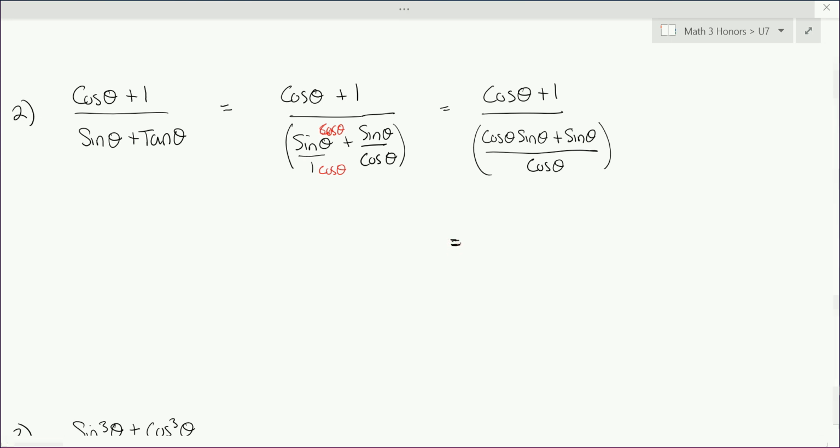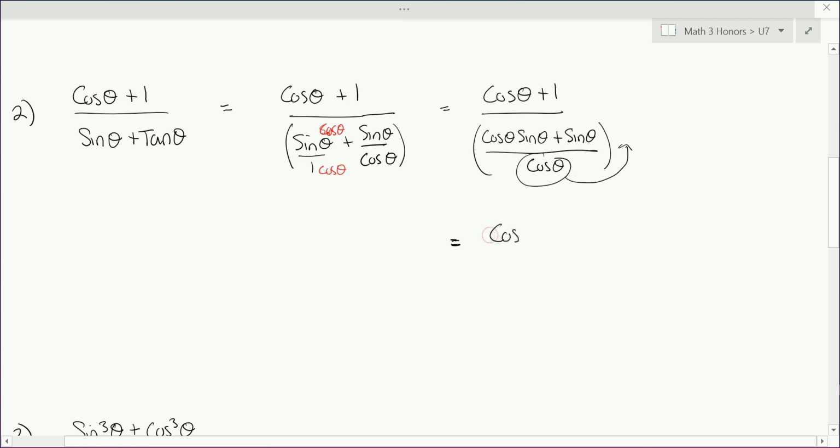And then another thing, when we have a fraction of a fraction, if we can get rid of that, that's another thing. Like if we could take that cosine, move it up, that might be helpful for some people to see. If I take this cosine, move it here, it's going to become secant, right?